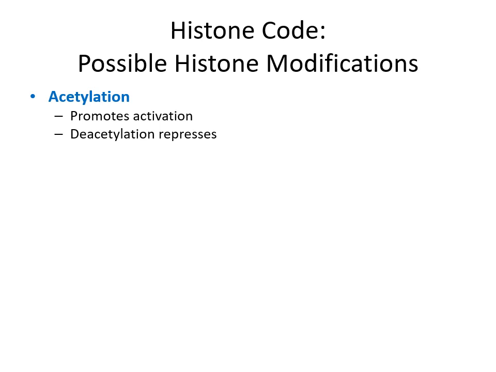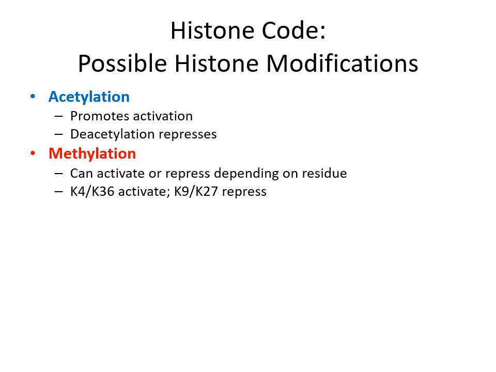Deacetylase causes nucleosomes to be tighter. It causes DNA to be blocked from the polymerase. There's also methylation, and methylation can either help activate or repress transcription depending on which part is being methylated.